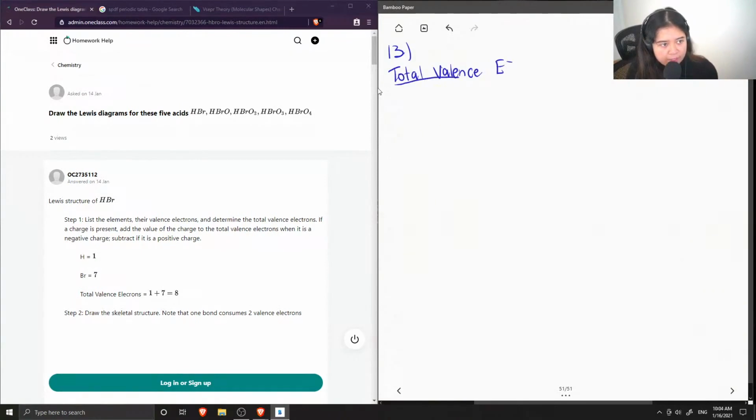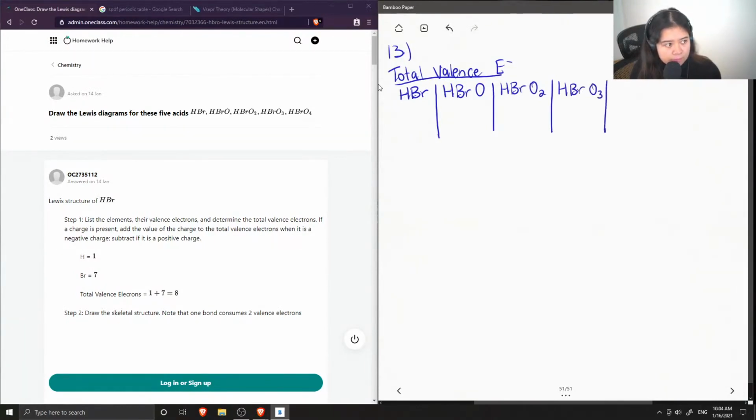And maybe to make it easier, I'll just do this in chart form. So let's have HBr, HBrO, and I'll just write all the valence electrons in this table.